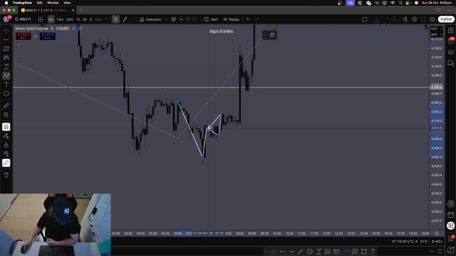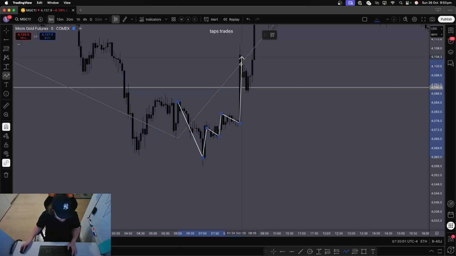Oh, we've broken structure. We've broken structure for the characteristics of a downtrend. Okay, well there's two signs now. There's two signs that we might potentially be in an uptrend. What happens next? Excellent, we've confirmed further that price potentially is now bullish on the internal structure.